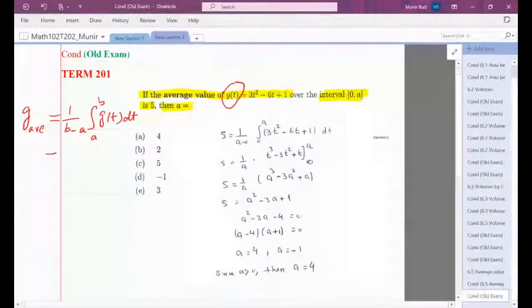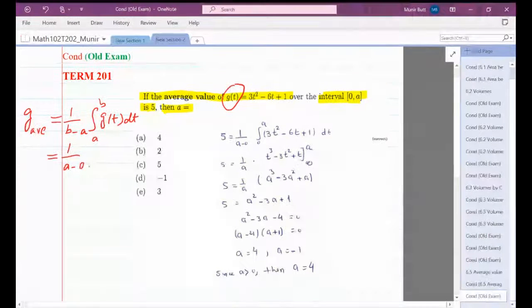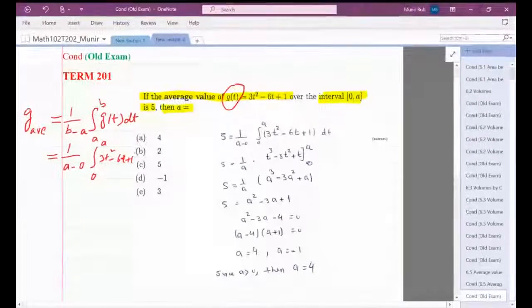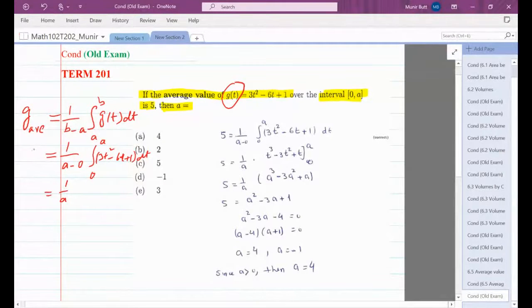Now you put these values here: 1 over a minus 0, because b is a and a is 0 here. Now you have to pay attention: g of t is 3t square minus 6t plus 1, dt. And now you just compute, and this value is given as 5.